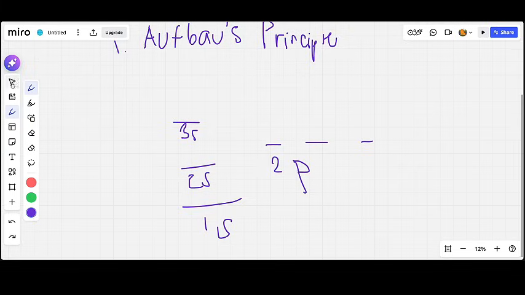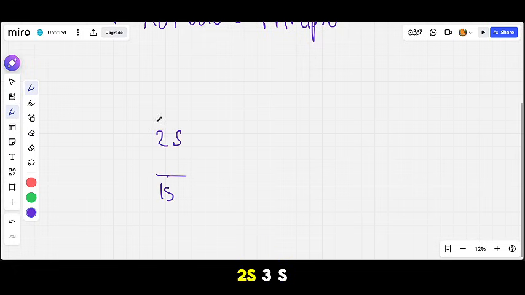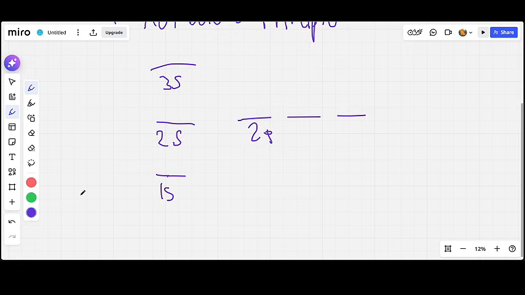The Aufbau principle basically states that you have to put an up arrow in every single line here. 1s, 2s, 3s, 2p. Then we have to put an up arrow for every single line, and then a down arrow before we move on to the next path.